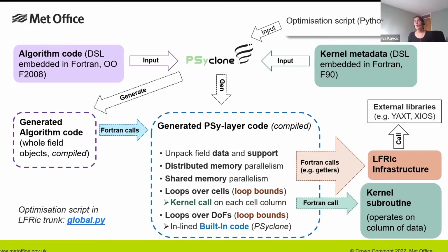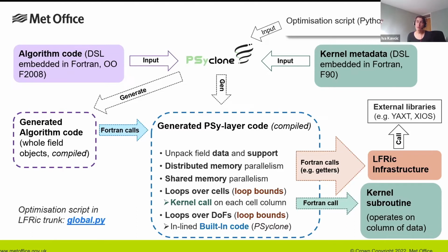How does it all work? So in the top layer, we have this algorithm code, which I showed an example of, and the kernel metadata. The algorithm code lives in the repository, but it's not compiled per se. It needs to be processed by PSyclone.